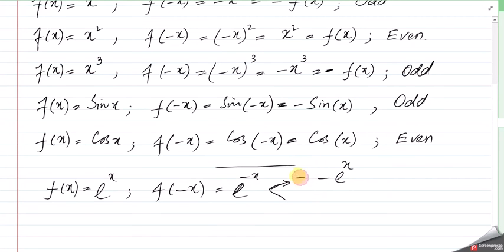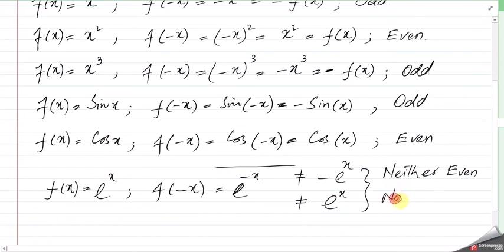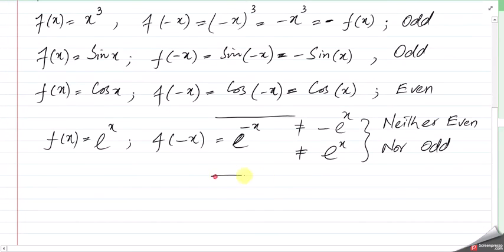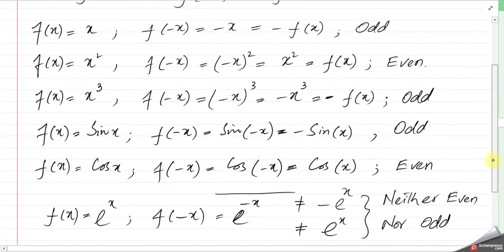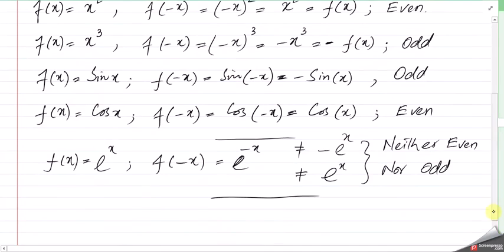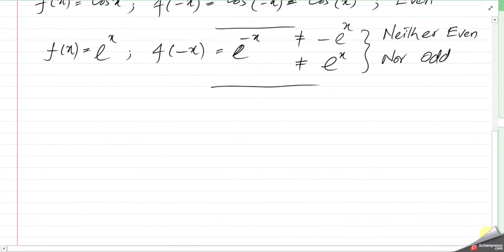And also it is not equal to e power x, because minus cannot vanish. So it means the function is neither even nor odd. So that's also possible. So actually there are three types: the function will be even, or odd, or neither even nor odd.